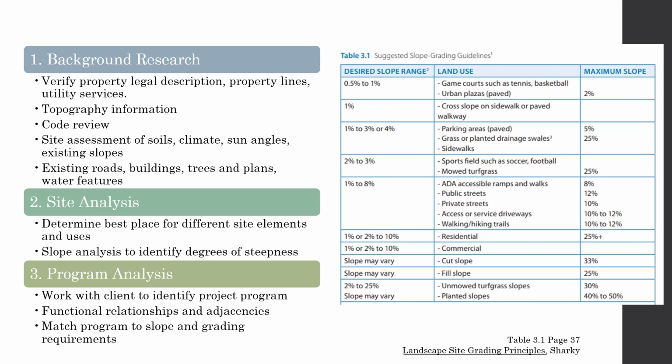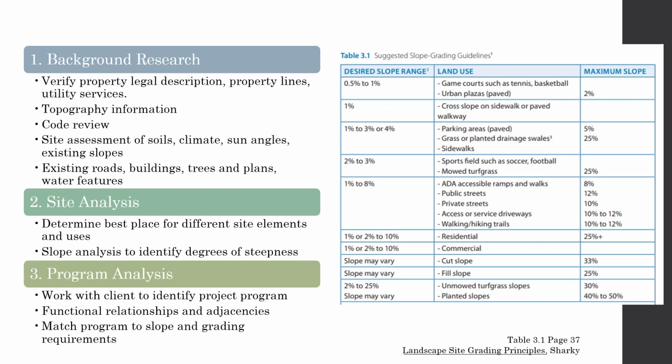Once you have all of that background information, it's time to move into site analysis. You're going to take a look at the site, determine which areas of it are best for which types of elements. And you'll use a tool called slope analysis. We'll practice that in our course, in which you can identify the different levels of steepness on the site, and therefore what kinds of uses that area might be best for.